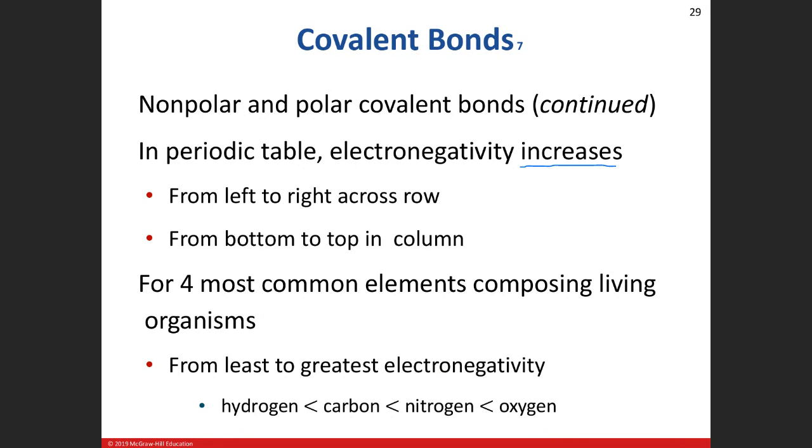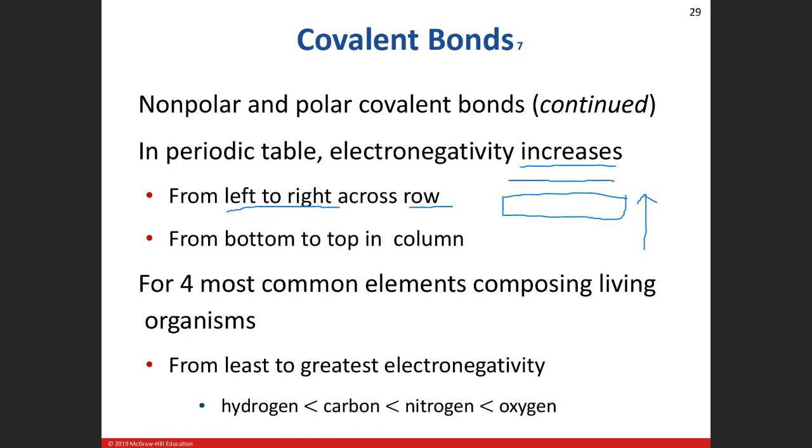As we move from left to right across the rows, remember the rows go from side to side on our periodic table, we will notice an increase in electronegativity. And as we go from bottom towards the top, we will also notice a trend of increasing electronegativity.